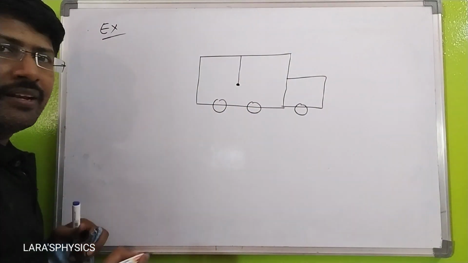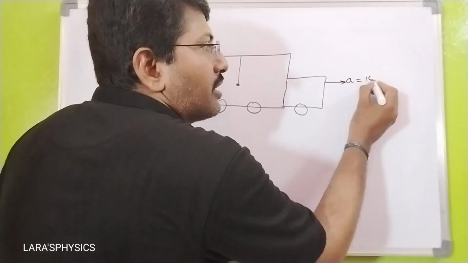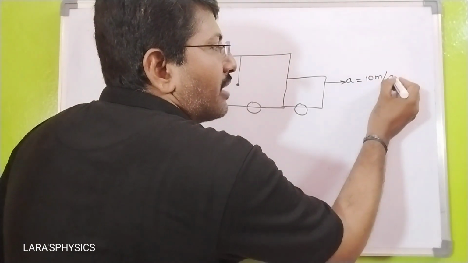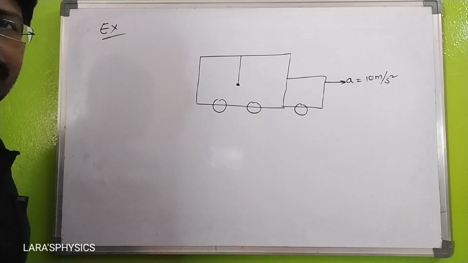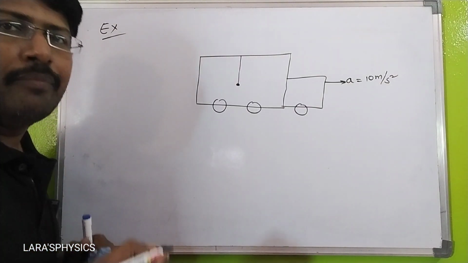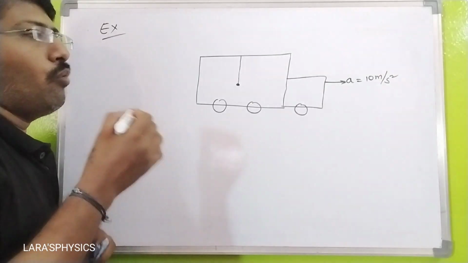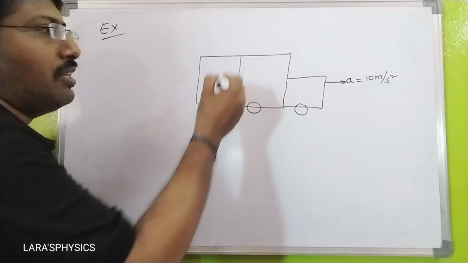Now what happened? The trolley is moving with acceleration 10 meter per second square. They are asking the question: what is the angle made by the pendulum with the vertical?